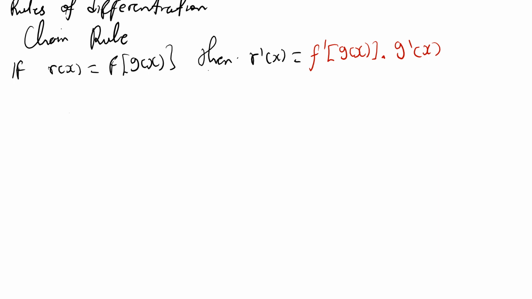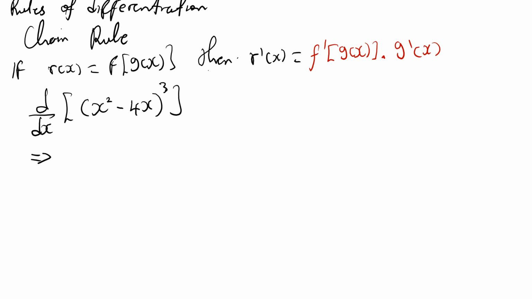For example, if we have to find the derivative of x squared minus 4x all to the power of 3, let's apply the chain rule here. What you need to do first is differentiate what you have outside, then after that you go inside.